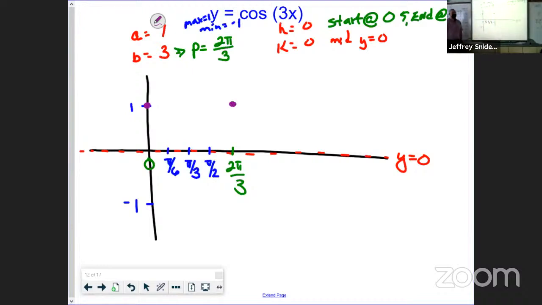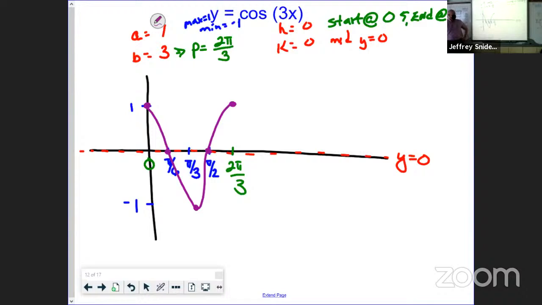Where's it going to be at negative 1? Pi over 3, halfway between them. Where's it going to cross the midline? Pi over 6 and pi over 2. So this one looks like that. That's one cycle of it.